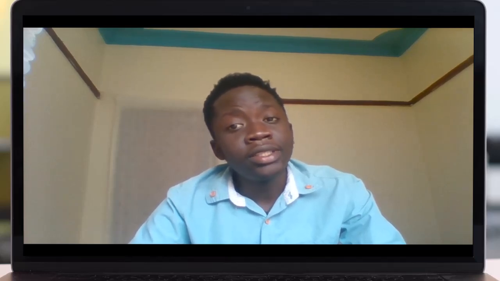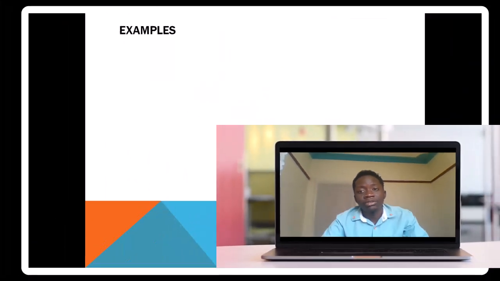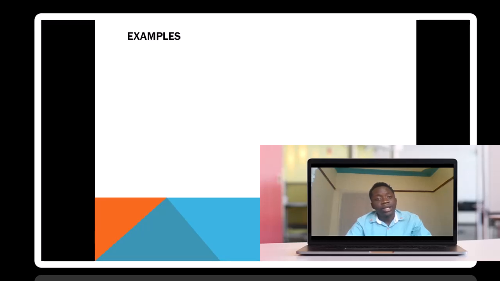Let's go to the next item. First, we have to get the examples of the primary sources. So what are they? We shall see that one is documents.